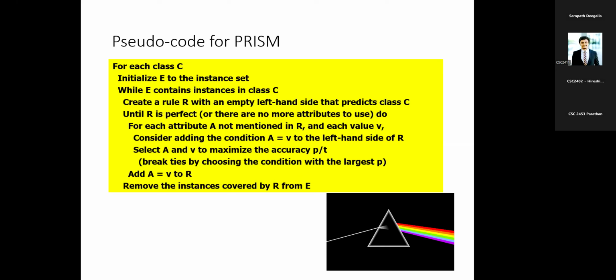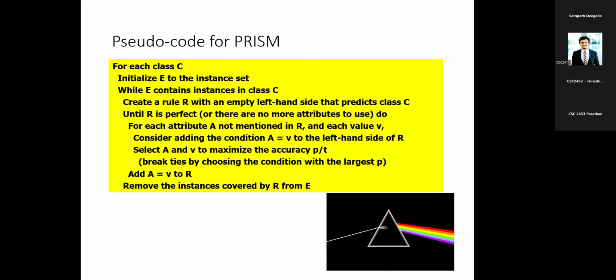Whenever you have instances in class C, you are going to create rules. Whenever you create a rule, you start with an empty left-hand side. That means you are assigning everything to that particular class, calculating the test accuracy, P divided by T, and every time you are trying to improve the accuracy.